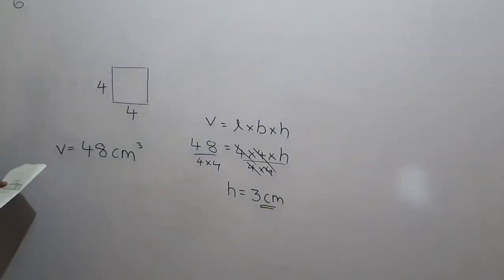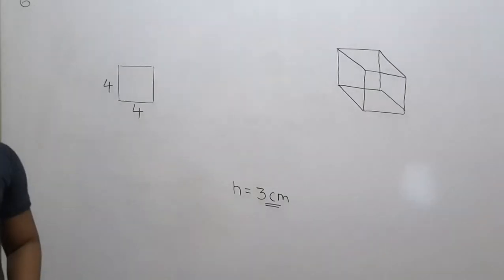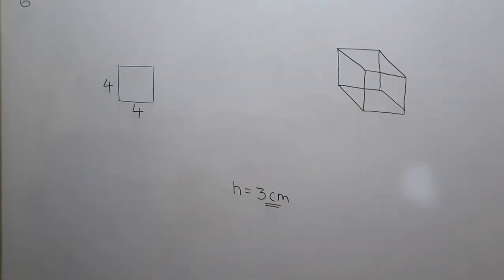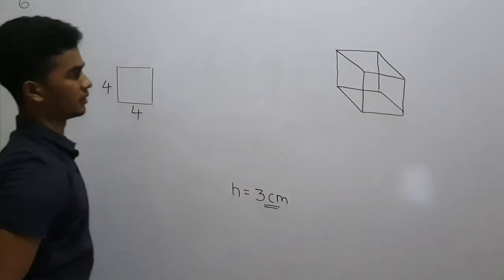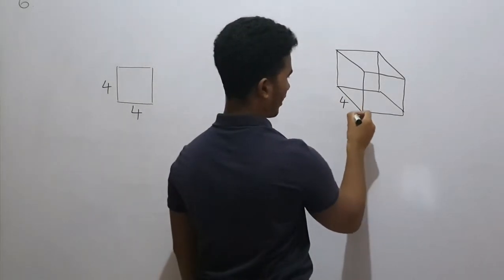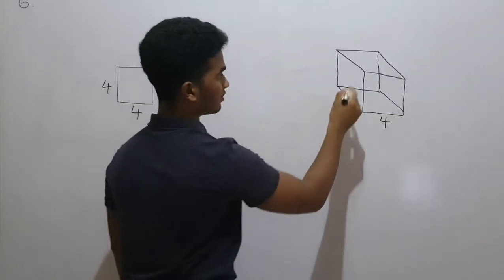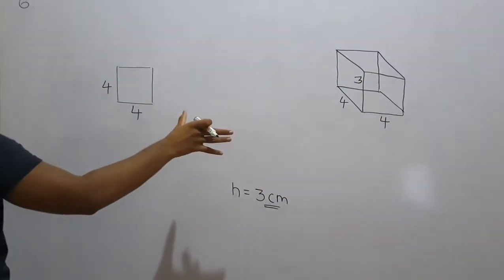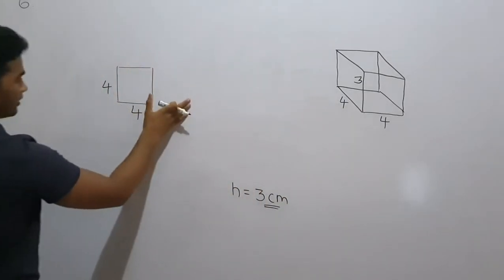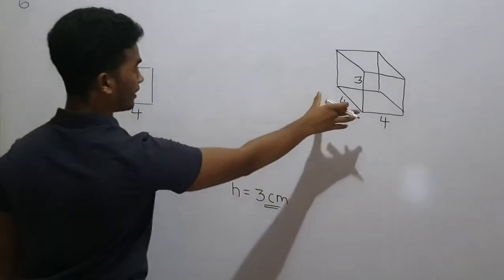So now you should draw the net diagram. So the length and the breadth is 4 centimeters. So we'll mark 4 and 4. We found the height as 3. So this is the cuboid which we should draw the net of. So you can see the height as 3.